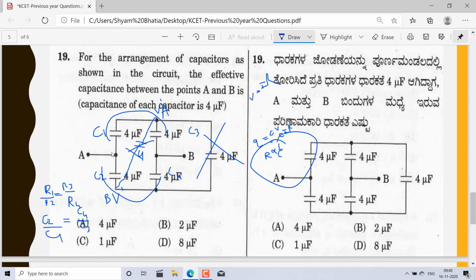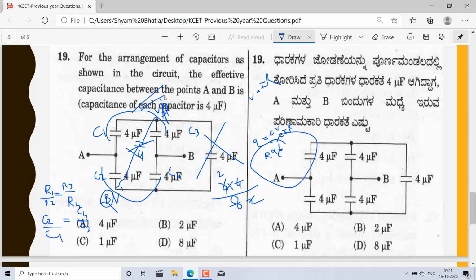Take it, because I have to find out, so A and B are used here. So let's say P and Q to avoid confusion. Okay, so 4 and 4 are in series. So what will you do? 4 and 4 in series combination give 8, 4 to the 8, and 2 microfarad.